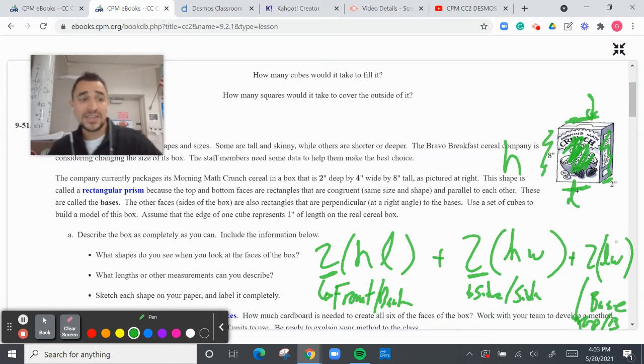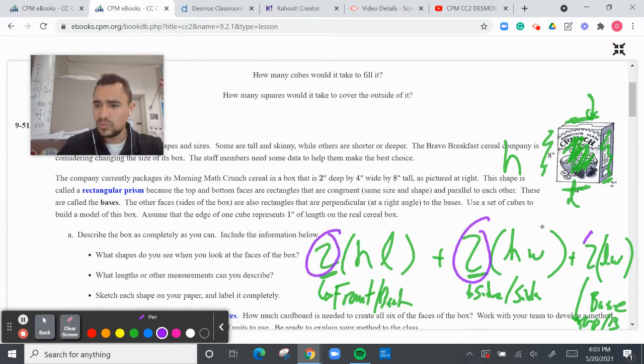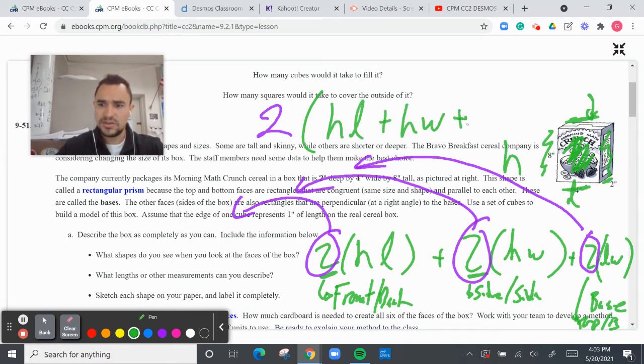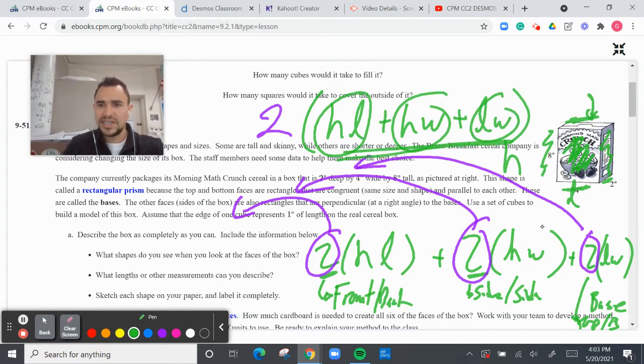Now, to make this even easier, one thing you could do is multiply all of this later. So this is one way to figure out your surface area, but I can also distribute out and make this 2 parentheses HL plus HW plus length and width. So then I can just solve this, add them all together, and then multiply it by 2 once you're all finished.